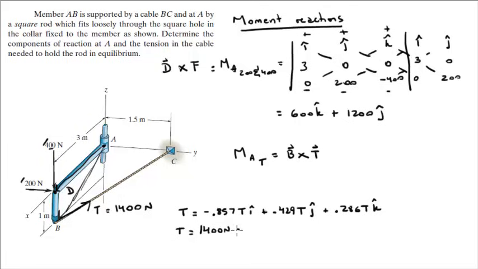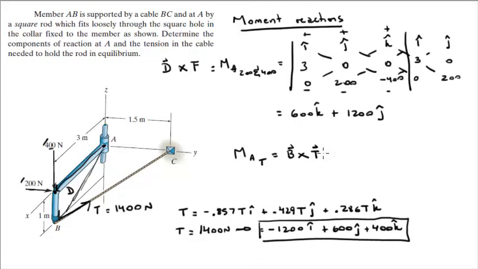So all you got to do is multiply each of the coefficients by the T, and then you get the Cartesian vector form, which comes out to be minus 1200 in the I plus 600 in the J plus 400 in the K.